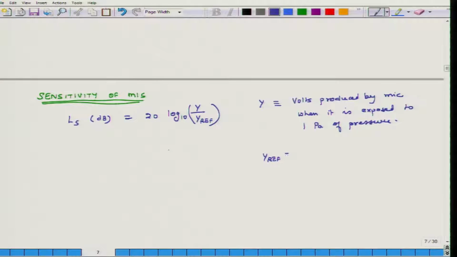will be 2. Then there is a reference value of Y, and what does this mean?